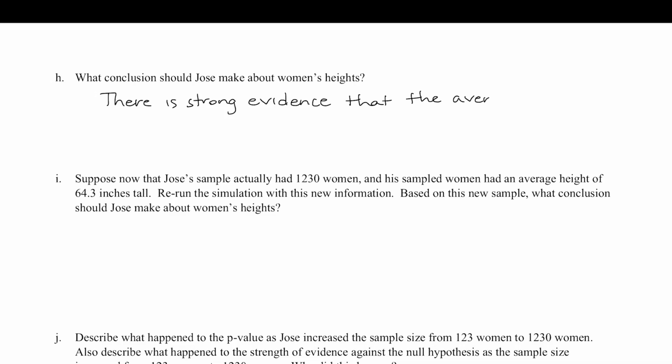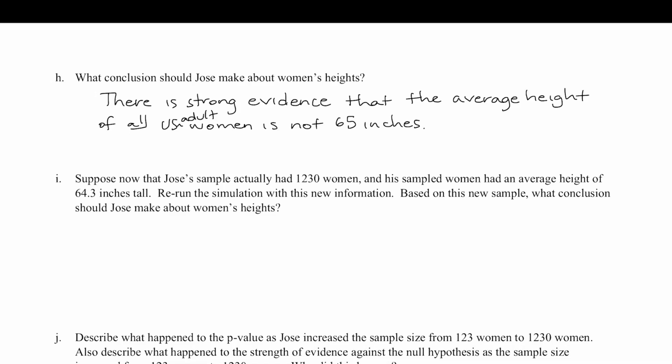There is strong evidence that the average height of all U.S. adult women, I guess woman implies adult, is not 65 inches. That was what we stated in the alternative. So if we have strong evidence against H0, that means we have strong evidence that the research conjecture HA is the truth. We can't say it definitely, but we have strong evidence for that.